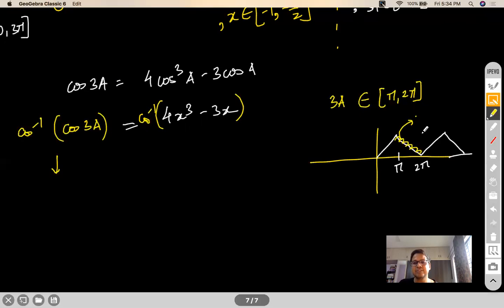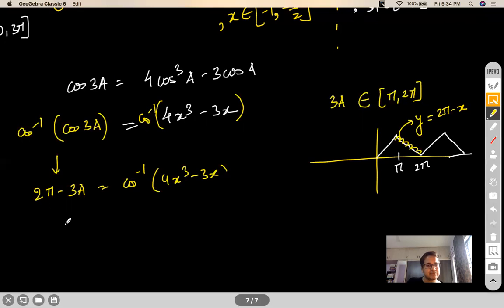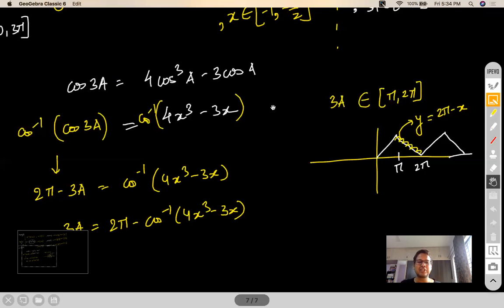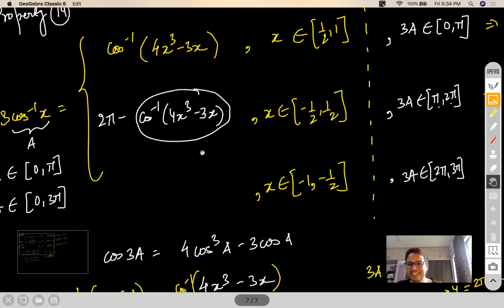This line equation is y is equal to 2 pi minus x. So this will give you 2 pi minus 3a. Make 3a the subject of the formula. You automatically get 2 pi minus this. Right. So my analysis was a lazy analysis, but if you can do it, you can save time doing all this stuff. So this is how you get it.